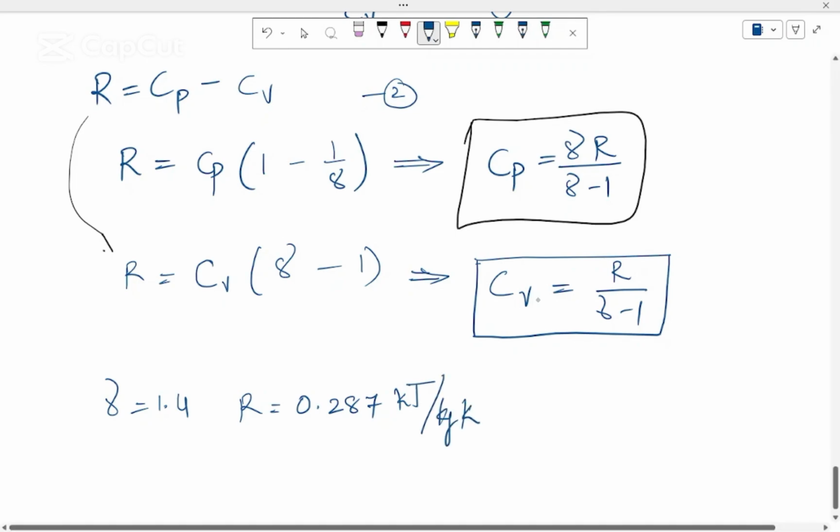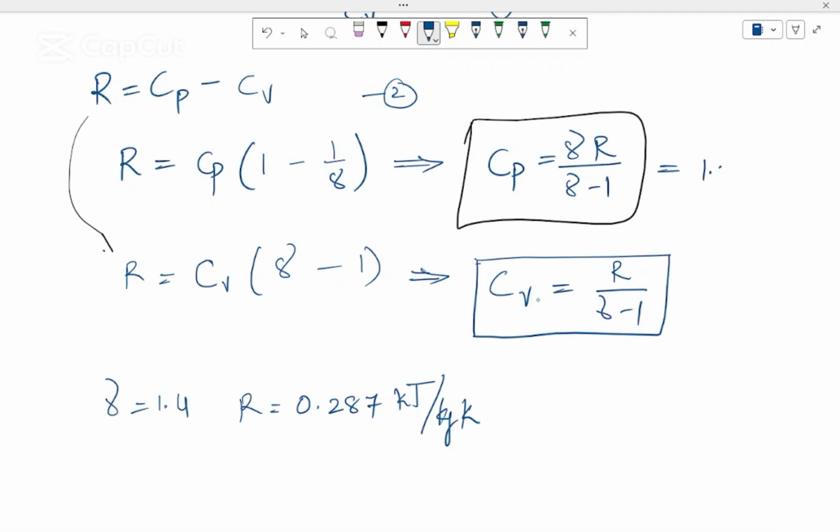If you substitute this gamma value in the Cp expression, you will get 1.005 kilojoule per kg Kelvin. And if you substitute the gamma value and R value in the Cv expression, you'll get 0.717 kilojoule per kg Kelvin. So these are all kind of transformations of the same stuff.